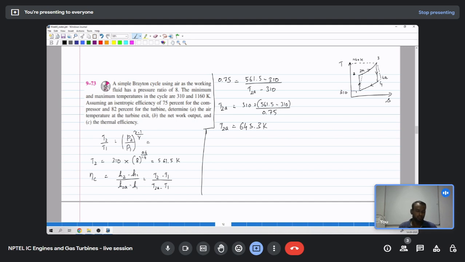Now we can calculate the actual work input of the compressor, which is the enthalpy difference H2A minus H1. This is Cp into T2A minus T1. This is 1.005 into T2A, 645.3, minus T1, 310.